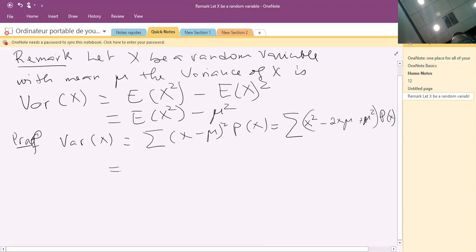So which is equal to the sum of x squared times p of x, minus 2x mu times p of x, plus mu squared times p of x.